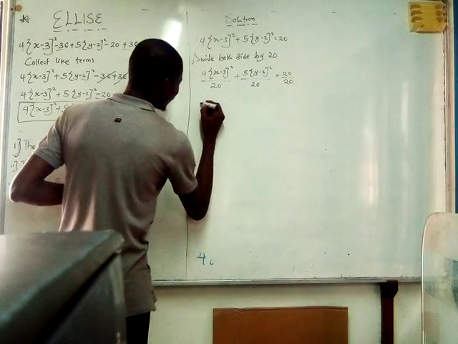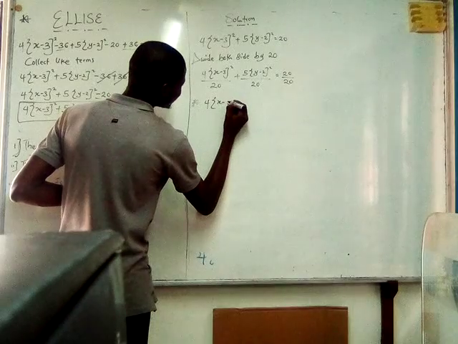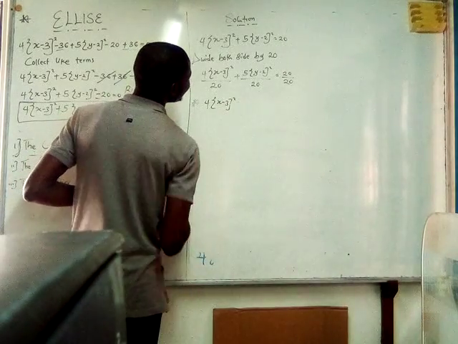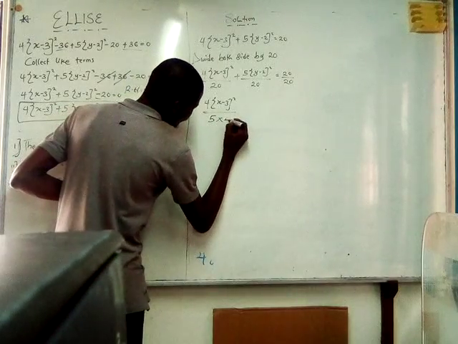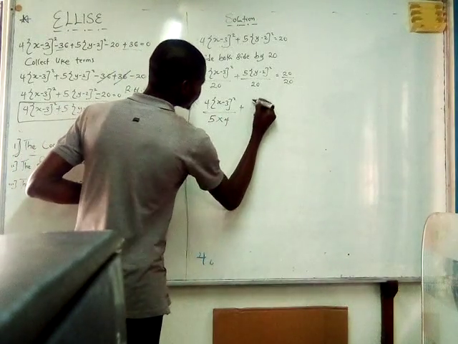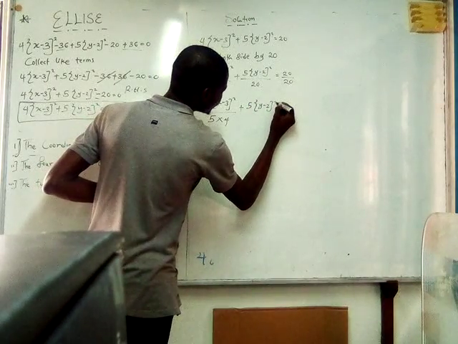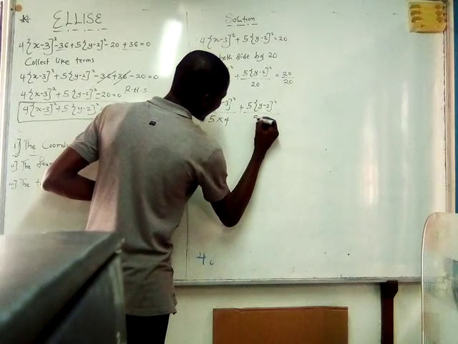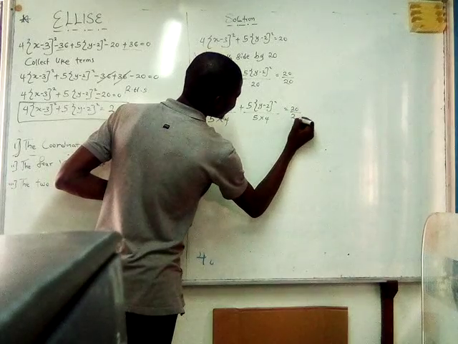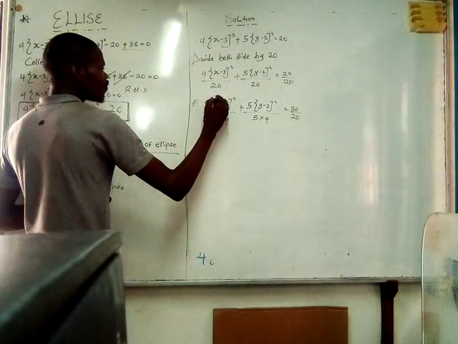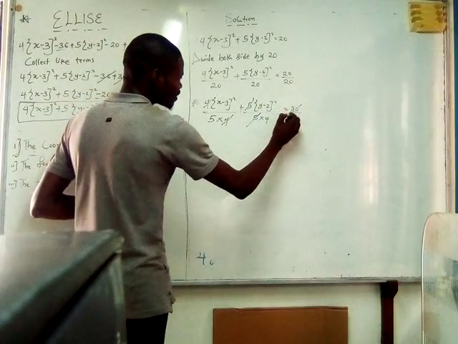We are going to have 5 times 4 for the first term and 5 times 4 for the second term, equals to 20 over 20. So 4 here cancels 4, 5 here cancels 5, 20 cancels 20.